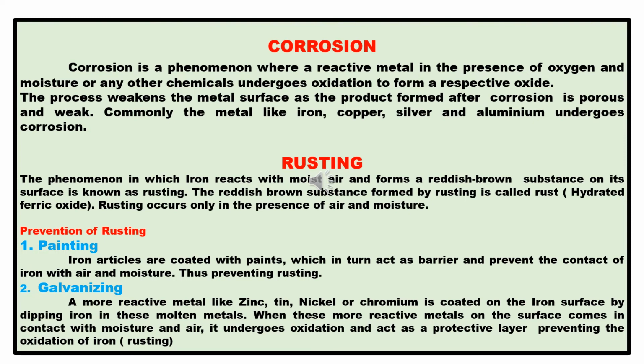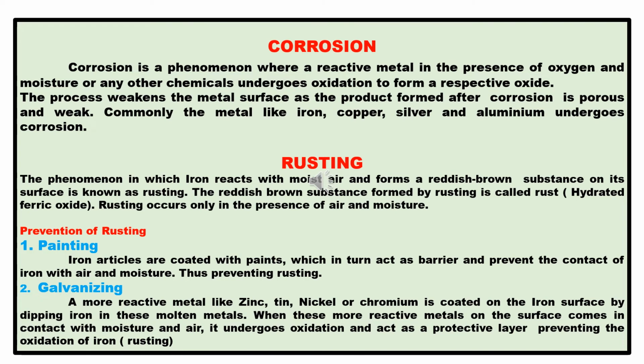Corrosion. But when we specify iron, we call it what? Rusting. We never say rusting of copper, rusting of silver, but we say rusting of iron, not corrosion of iron. So the phenomenon in which iron reacts with moisture and forms a reddish brown substance on its surface is known as rusting.